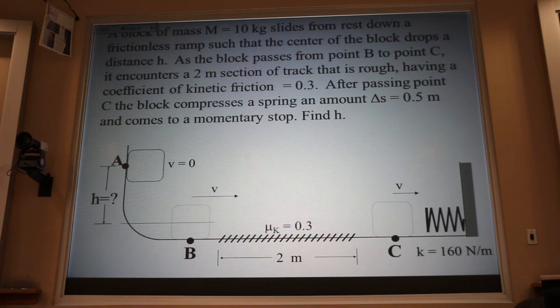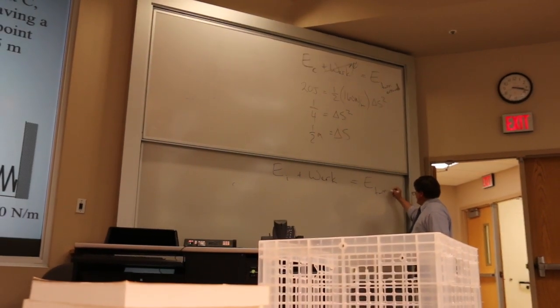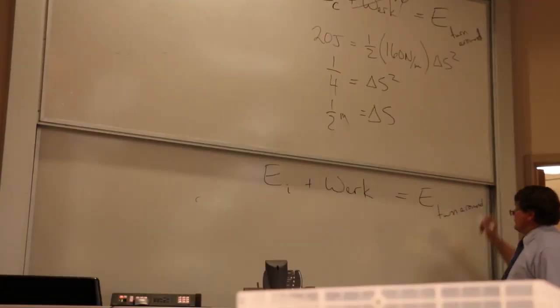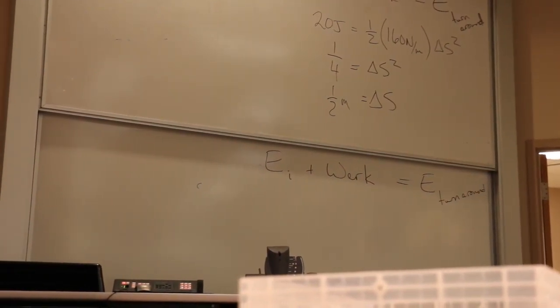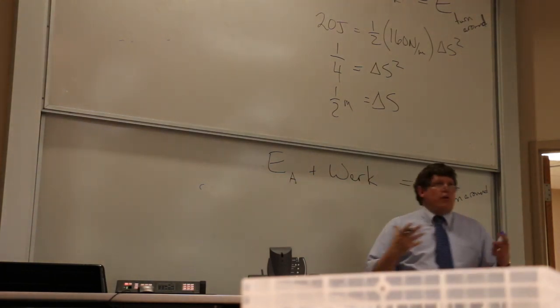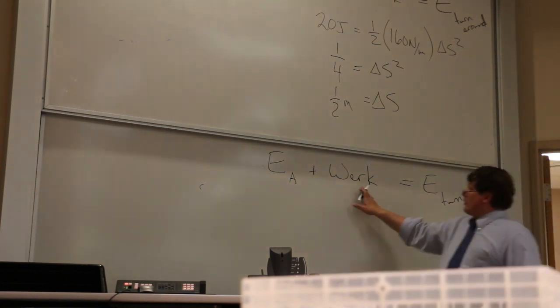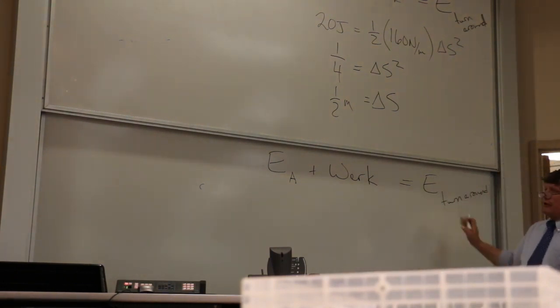Find H. Well, in that case, I would start where I always start. I would choose the turnaround point because I know everything about the energy there. I would choose this as point A because I want information. I want the height at A, and this would be the work that happens between A and the turnaround.